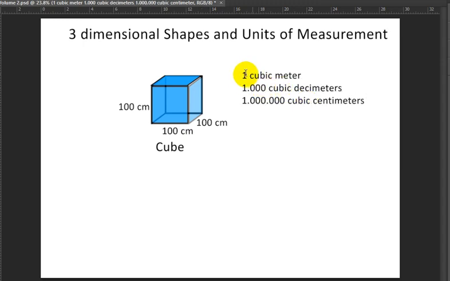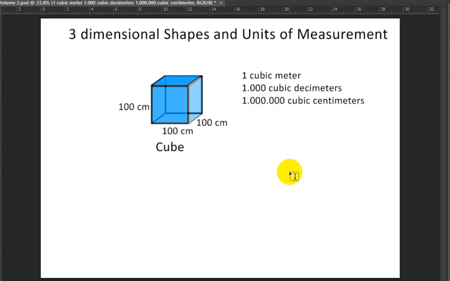As you can see now, when we're dealing with volume, when I'm moving from one unit of measurement down to the next, I'm not multiplying by 10 like we do with normal units of measurement. I'm not multiplying with 100 like we do with area. I'm multiplying by 1,000.